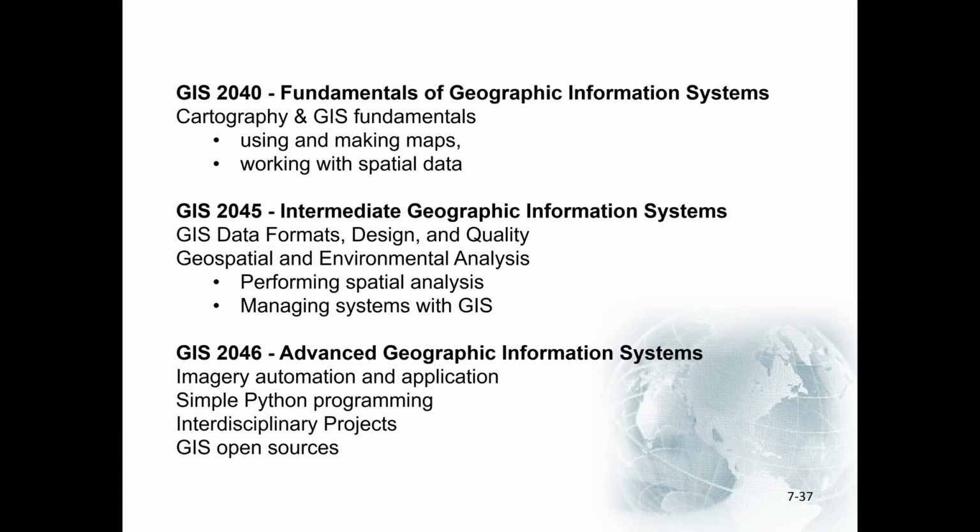Lastly is advanced geographic information, where students focus more on imagery, automation, and the application part. Some Python programming will benefit a lot of the students, so they can write scripts to automate some of the geoprocessing tools.